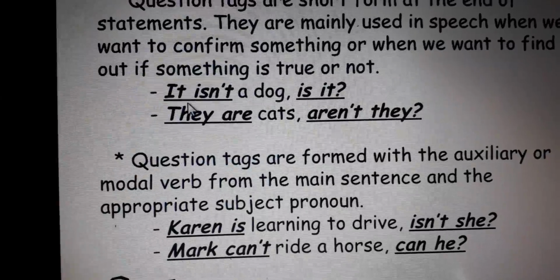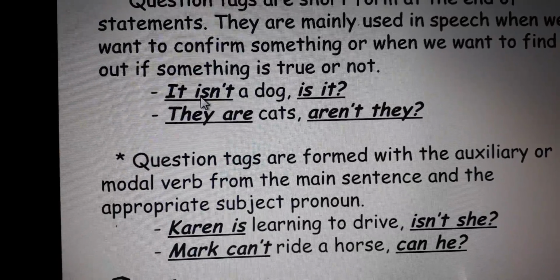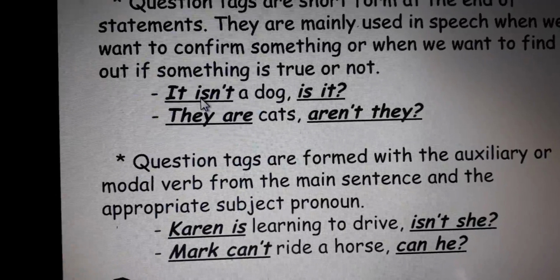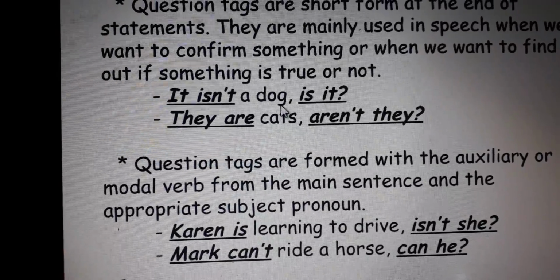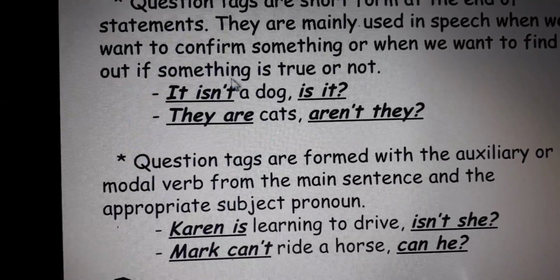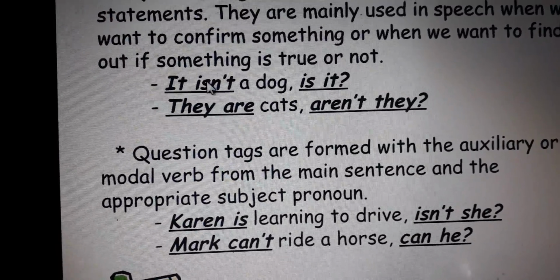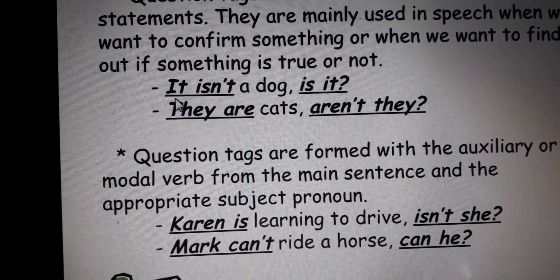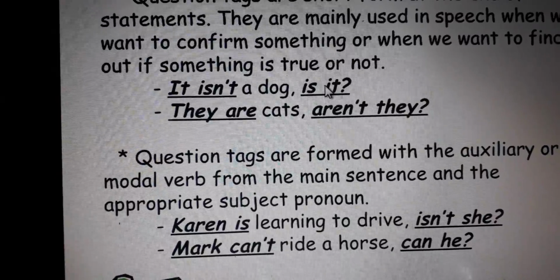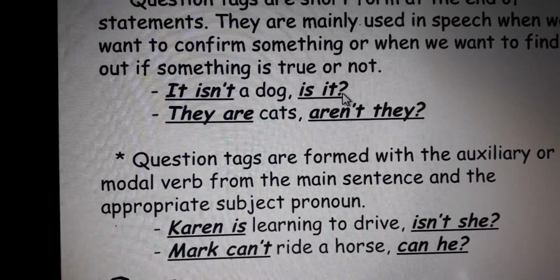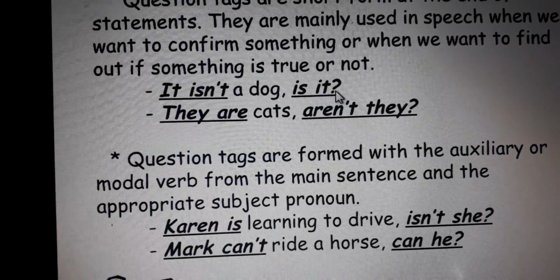So see here, as I told you, question tags are formed by the helping verb or modal verb from the main sentence. It is not a dog is the main sentence. We are going to use the helping verb from the main sentence and the subject pronoun, followed by the question mark. Okay, so I hope the formation of question tag is clear to you.